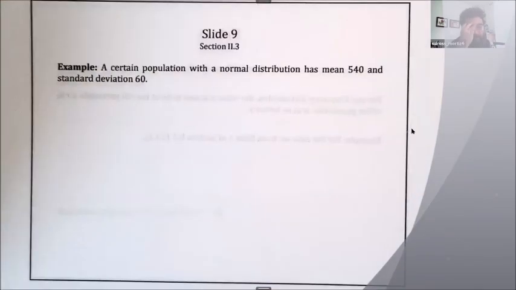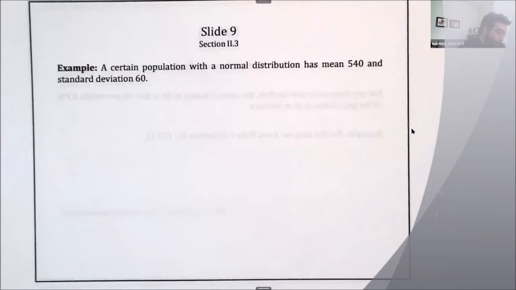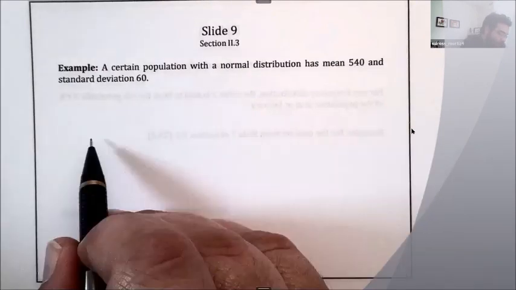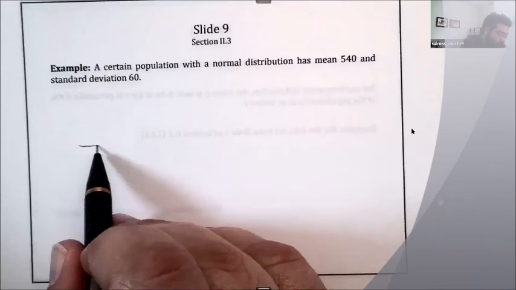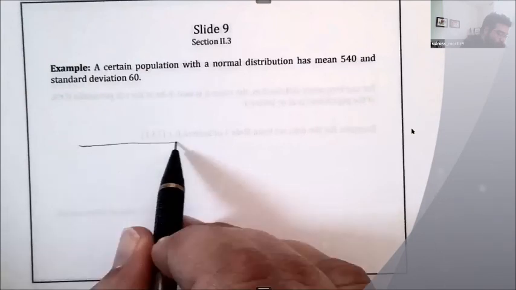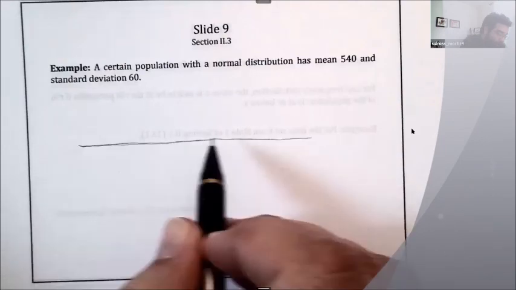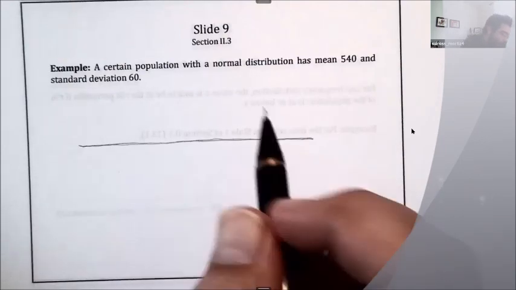For example, suppose a certain population with a normal distribution has mean 540 and standard deviation 60. Well, let's sketch the distribution curve again. It doesn't have to be really accurate.